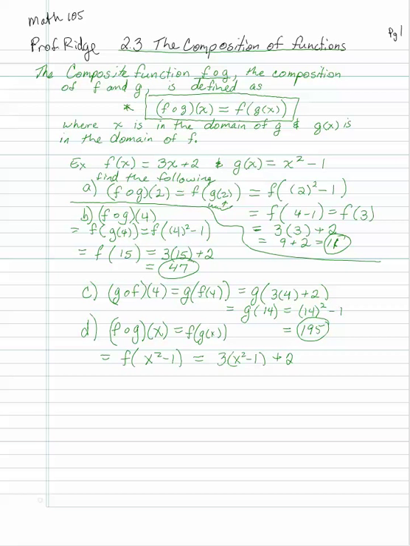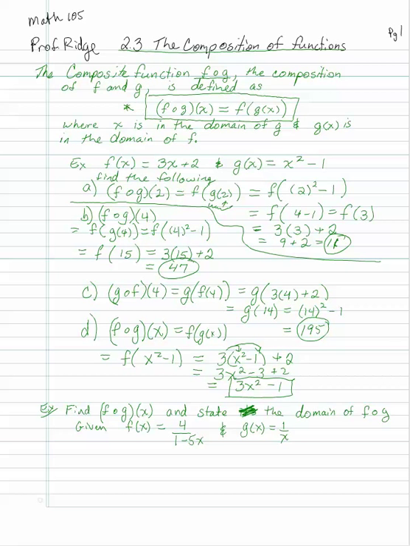So we plug in the x squared minus 1 where the x was, and use some algebra to simplify this. So distribute the 3, and then add the 2. So we get 3x squared minus 1. So that's f composed with g of x.